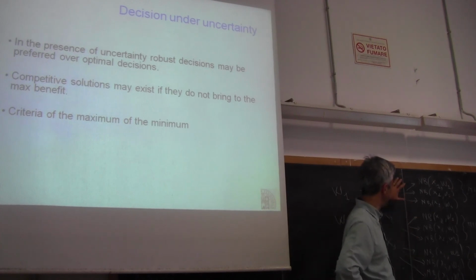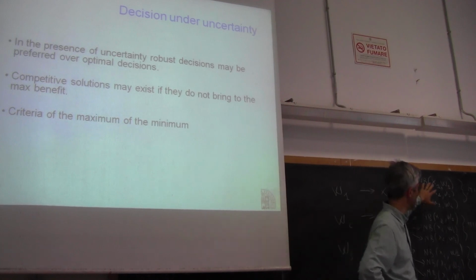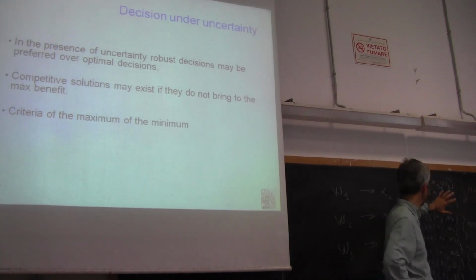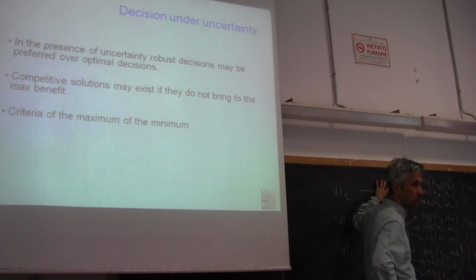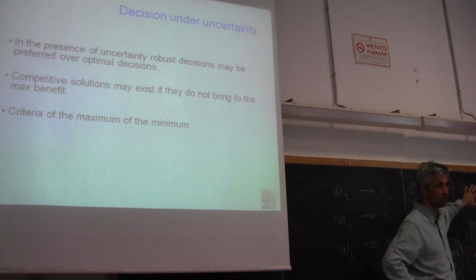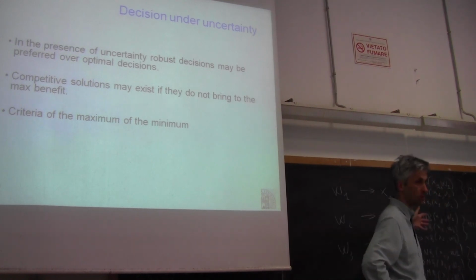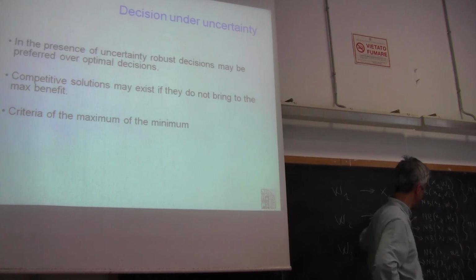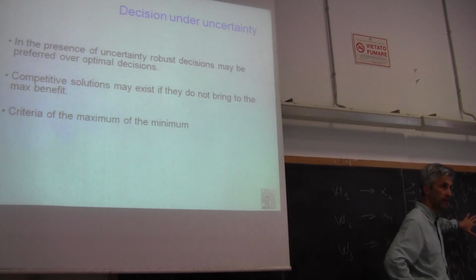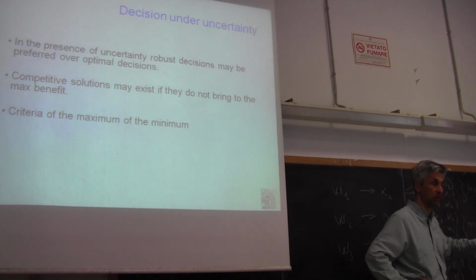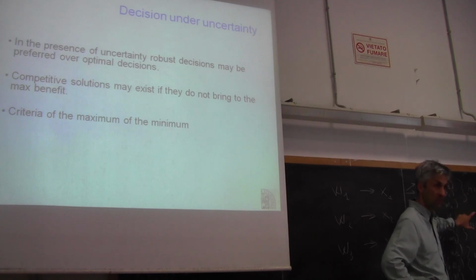No, I mean, if you decide x1, you have three alternatives, and let me compute the minimum. So it means that if you go with this decision x1, this is for sure available. But this is not the only possible decision. Let me try the second one. And the second one leads to a benefit that is for sure available, but it's not the same.